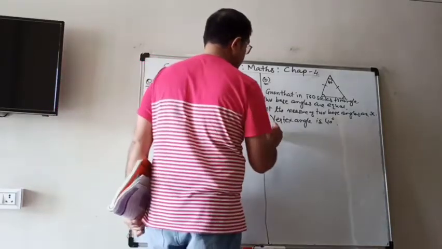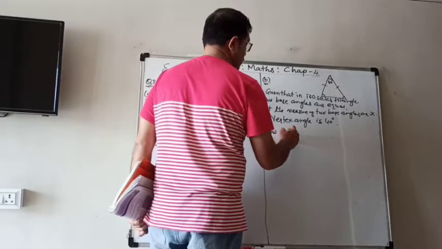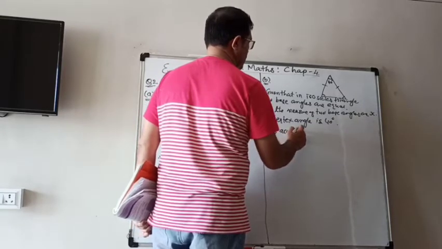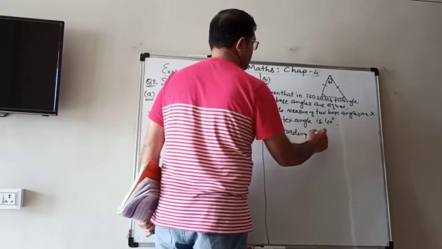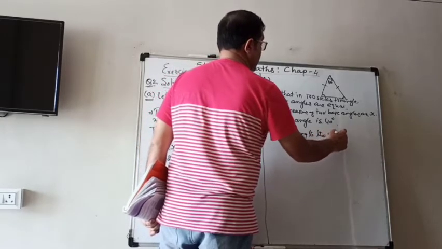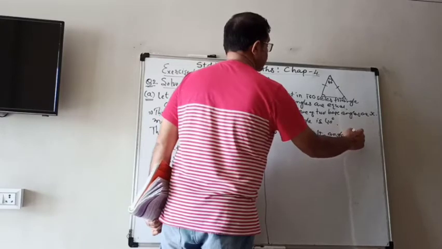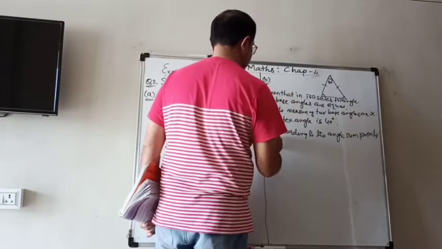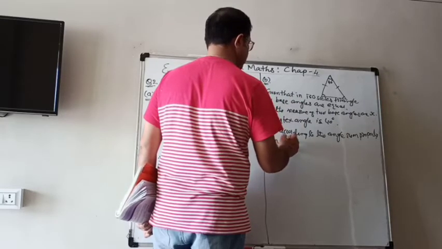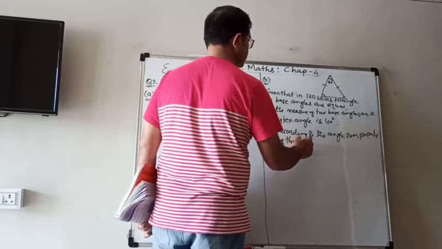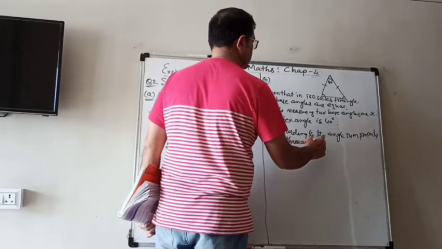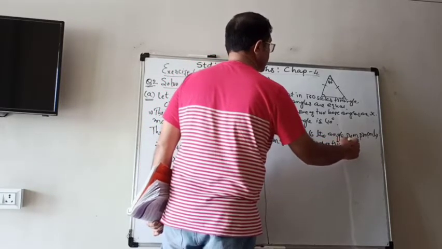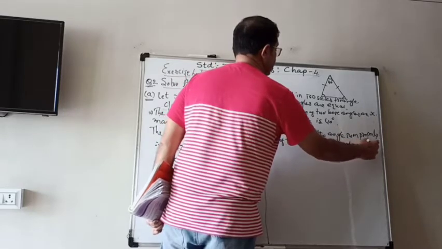So according to the angle sum property, the sum of three angles of a triangle is equal to 180 degree.